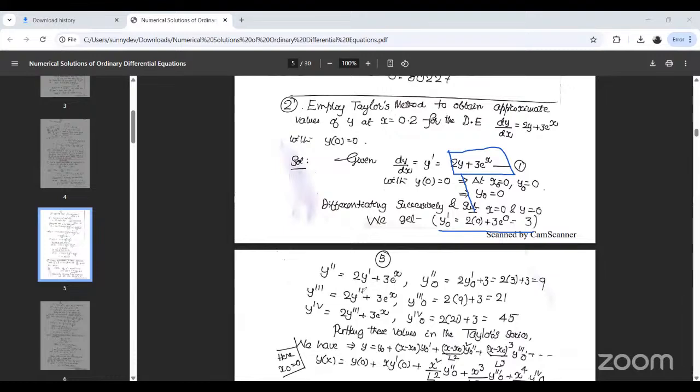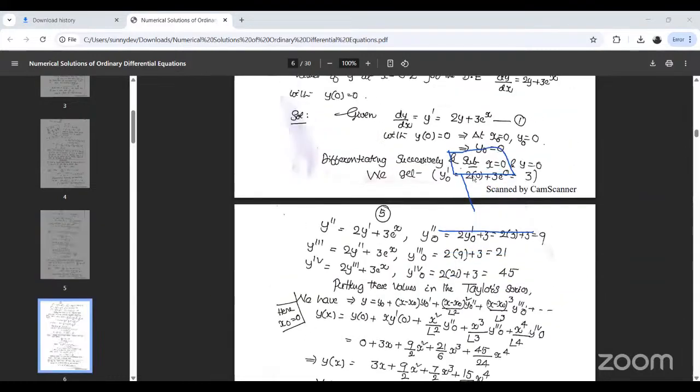So this is y naught dash and y double dash.